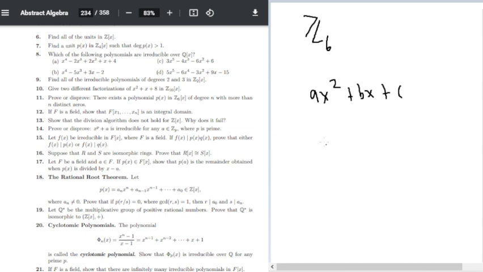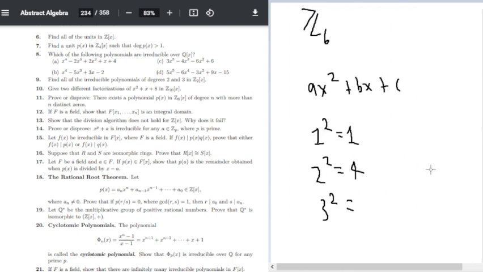So suppose, okay. 1 squared is equal to 1. 2 squared is equal to 4. 3 squared is equal to 9, which is congruent to 3 mod 6.